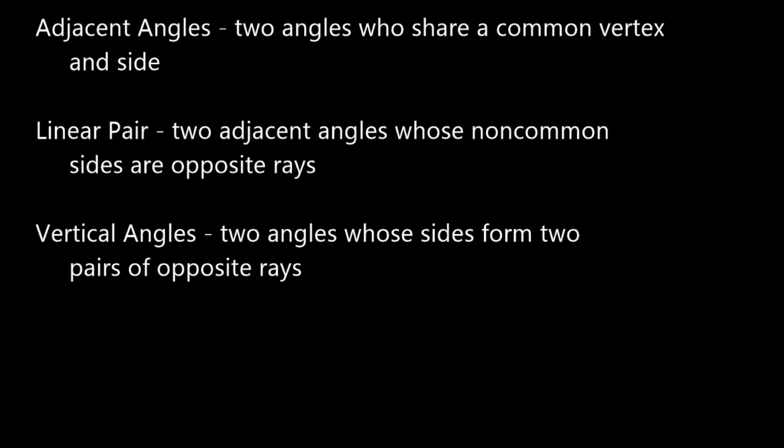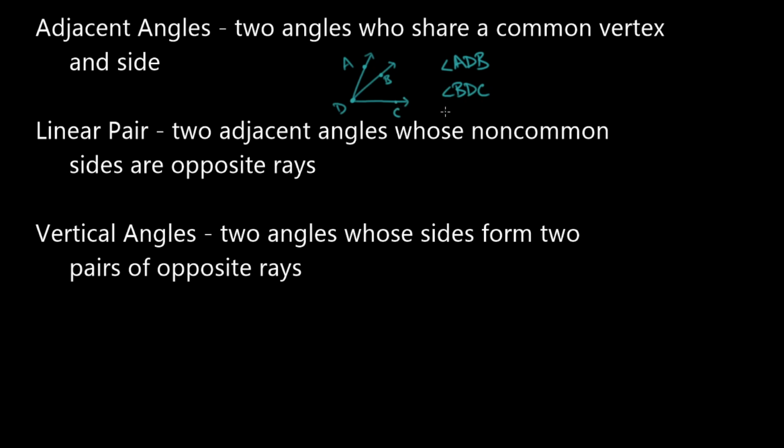So then the next set of definitions actually do pertain to the locations of the angles. So adjacent angles means two angles who share a common vertex and side. So what I mean by that is that if I have two angles here, and another one here, and I'll label these points so I can talk about them, A, B, C, and D. I can say that angle ADB and angle BDC are adjacent angles.